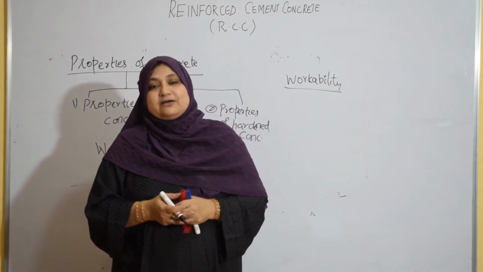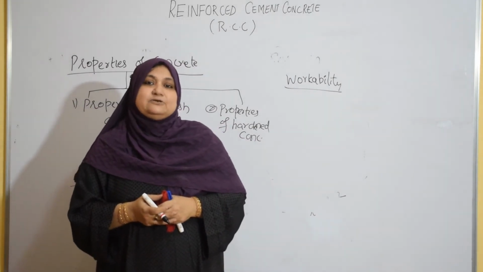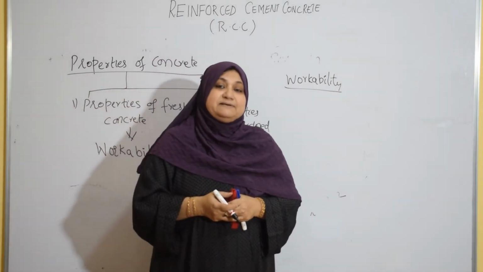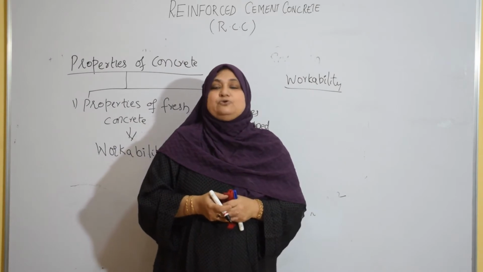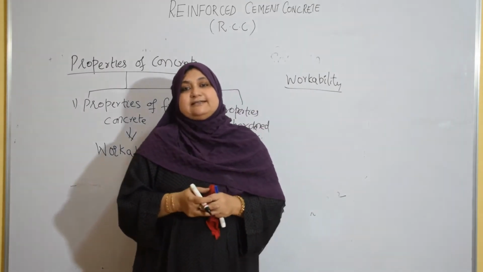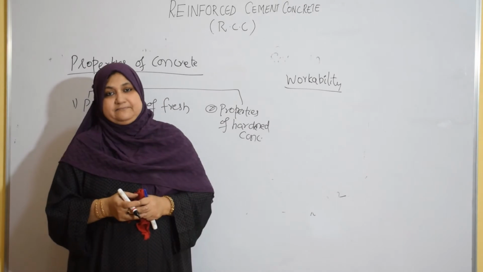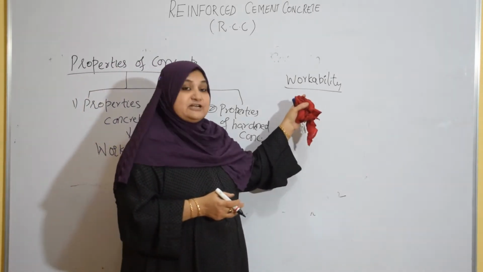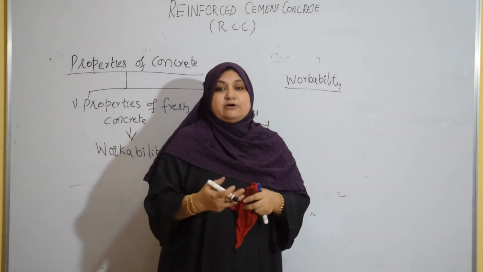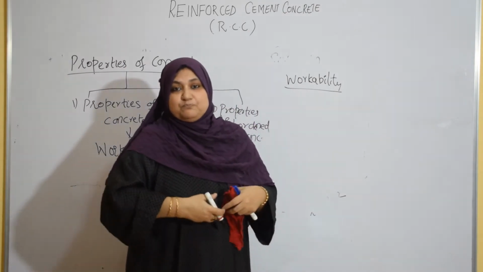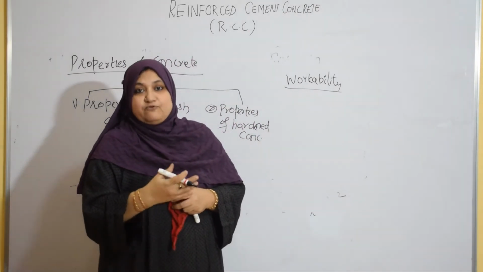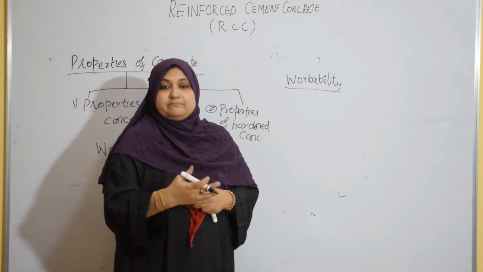Workability of the concrete is its ability to spread uniformly without segregation and bleeding. When you make a concrete in its fresh stage and pour it on the formwork, it should spread by itself.